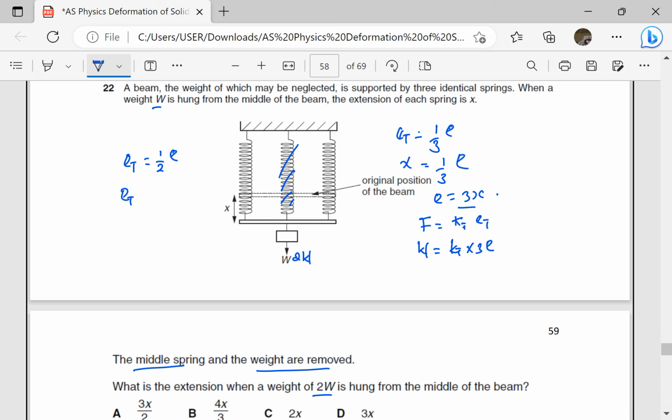Now we have two springs. And for the two springs, using Hooke's law, F is equal to K total times E total. This time we don't know the total extension, but the load is twice W.